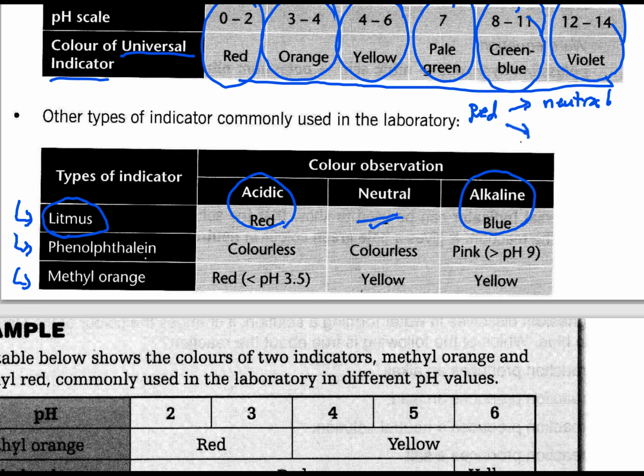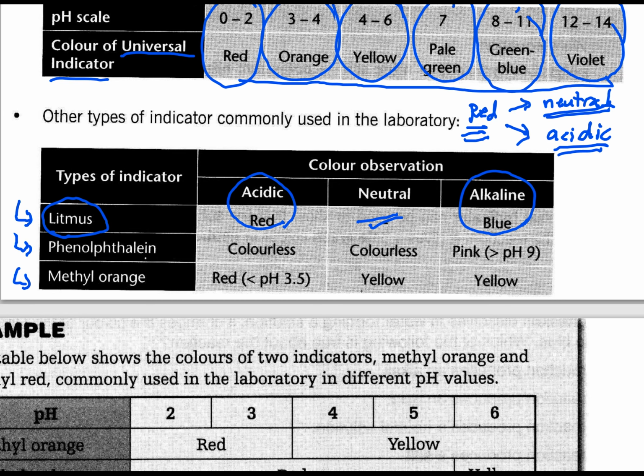If you put a red litmus into an acidic solution, it will also remain red because litmus turns red in acid conditions. Hence, when you put a litmus in a solution and it remains red, then either the solution is neutral or the solution is acidic. You cannot conclude that the solution will definitely be acidic.